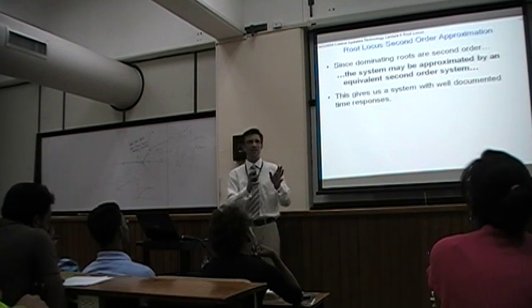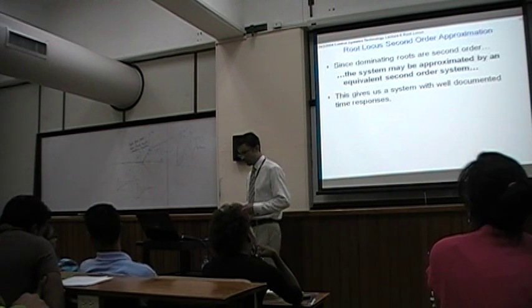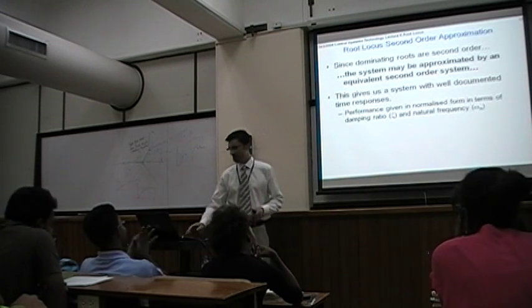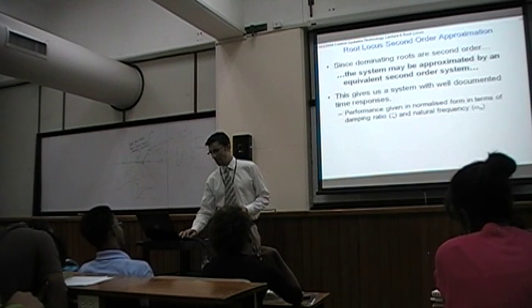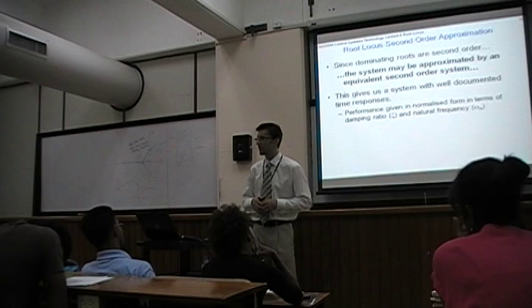It means that we can use all those nice documentation, those nice standard responses and so on, to describe the response of our system. And it also means that our performance is described in terms of our standard second order, or prototype second order system, what it's called.